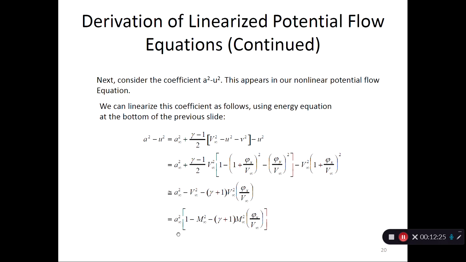Now, if you take the speed of sound outside, you get a 1 minus M infinity squared minus this term here. This term is still present, so we are not going to throw it away because it's a first order term. You may wonder, why don't I throw it away? It's a first order term, it's a small number, why can't I throw it away?